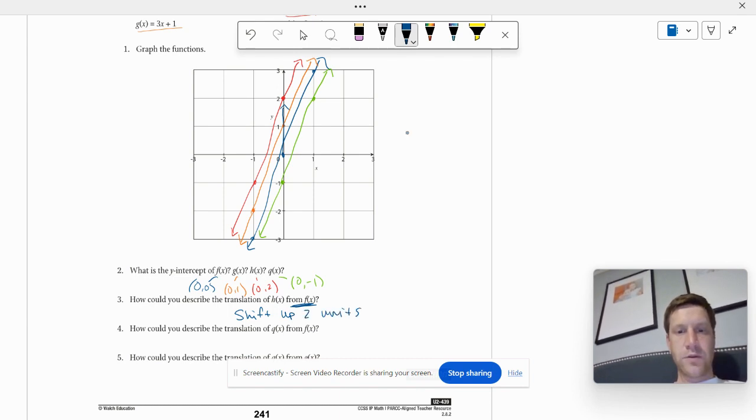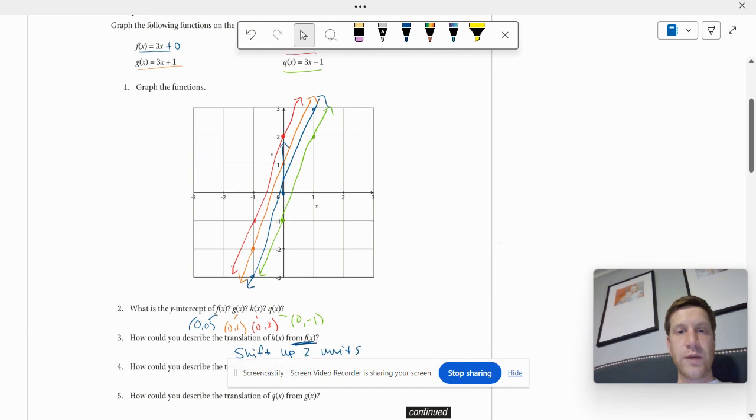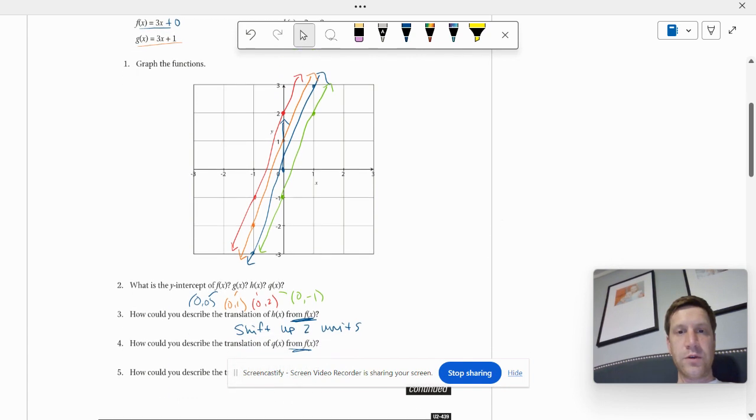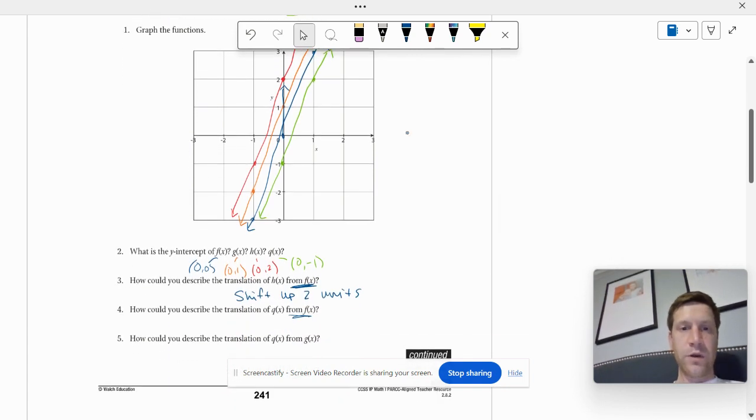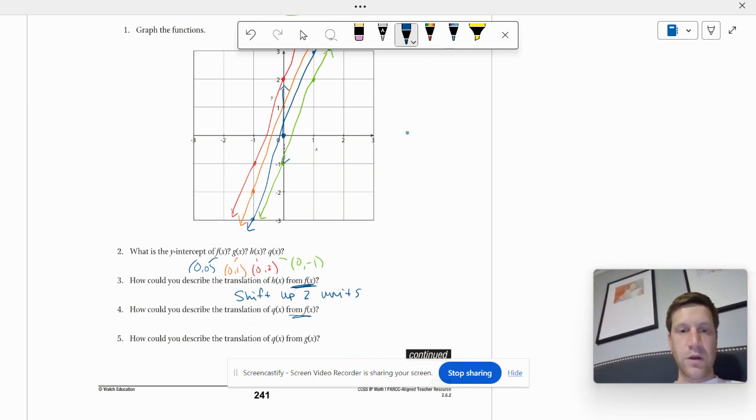How would you describe from h of x to q of x? Q of x was green. So from blue to green, I'm going down 1 unit. It's easiest to pick a point where you know, and then see where that point moves to. So that is shifting down 1 unit.